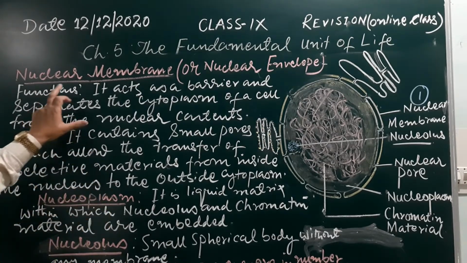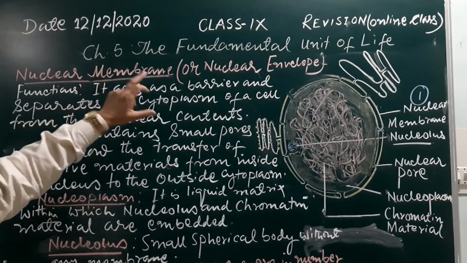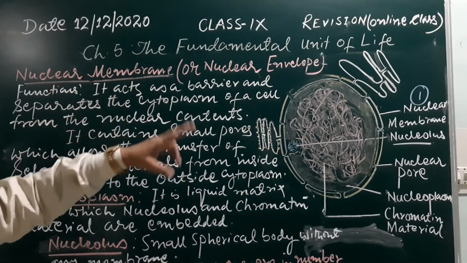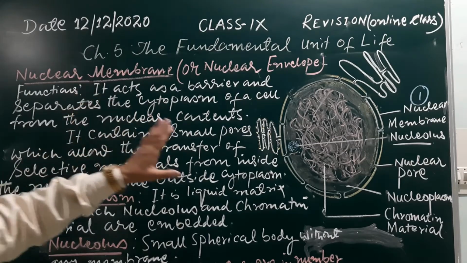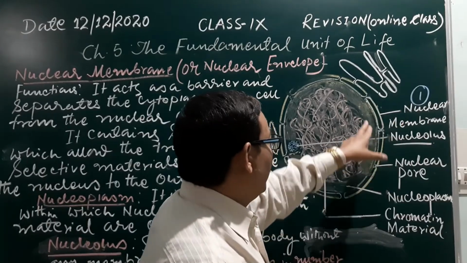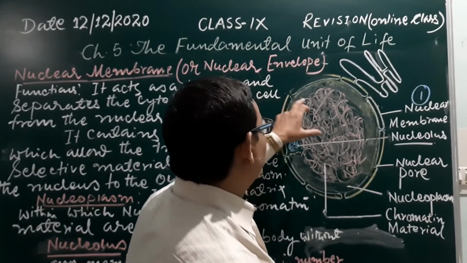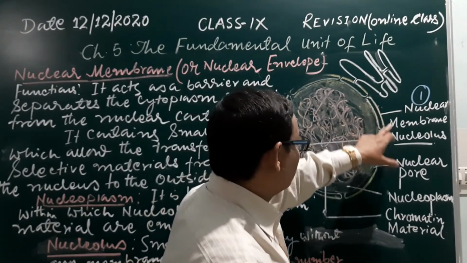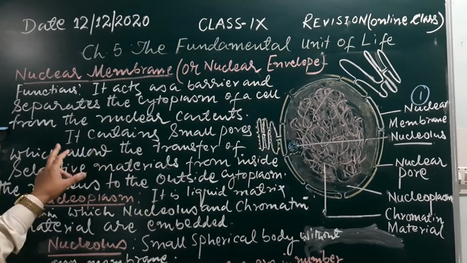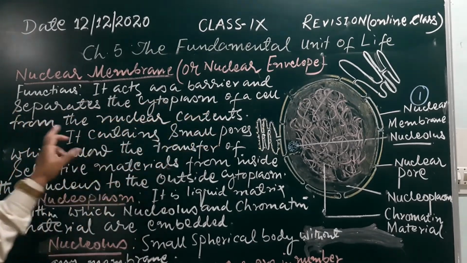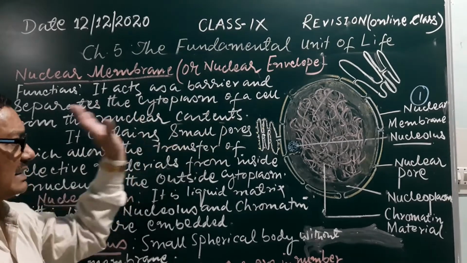Look here once again. The first part, the nuclear envelope or nuclear membrane, is double layered but not in a continuous layer. There are several pores also. It acts as a barrier and separates the cytoplasm of a cell from the nuclear contents.